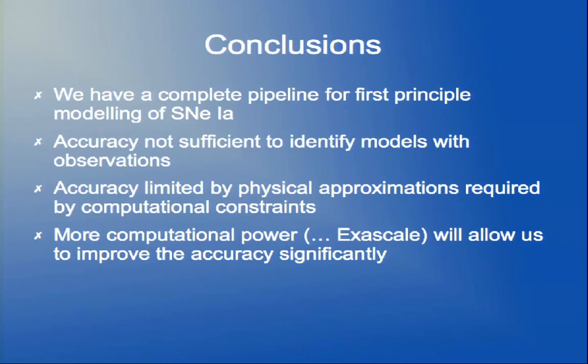Most of the limitations of accuracy are probably due to physical approximations we have to make in the pipeline at the moment, and not necessarily by simple things like going to higher resolution. And yeah, more computational power will hopefully allow us to lift a few of these approximations and get significantly more accurate results.